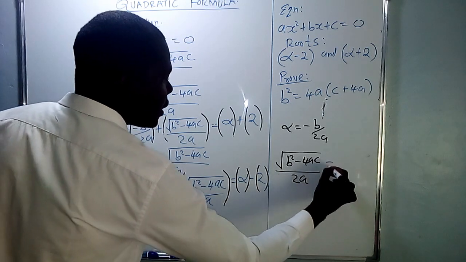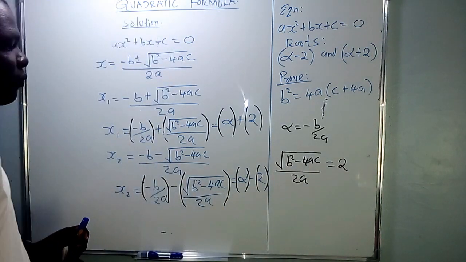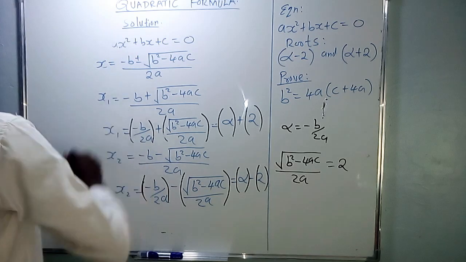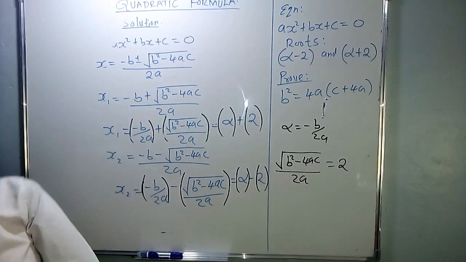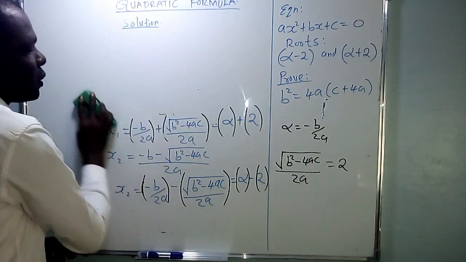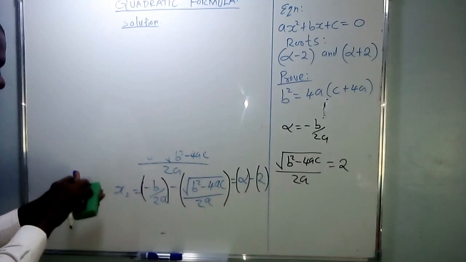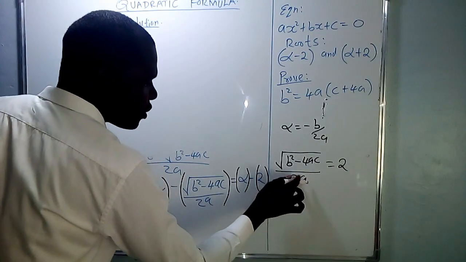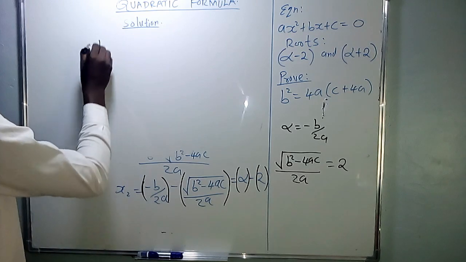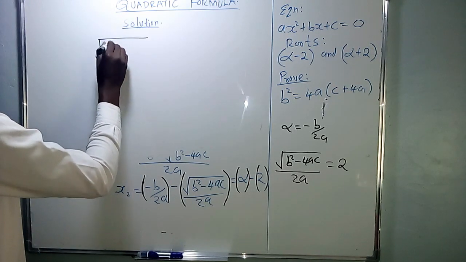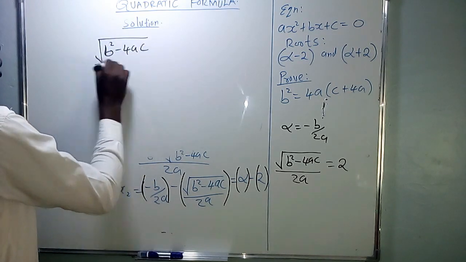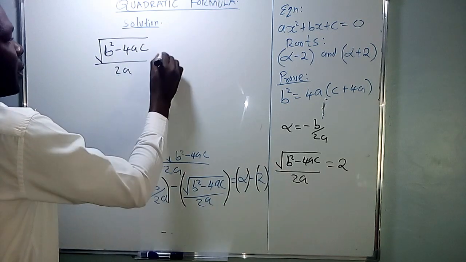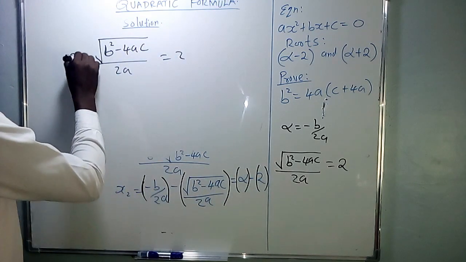So from there we can get rid of the denominator, because we want b squared equals 4a into c plus 4a, isn't it? So we multiply both sides of this equation, square root of b squared minus 4ac over 2a equals 2, by 2a to get rid of the denominator.